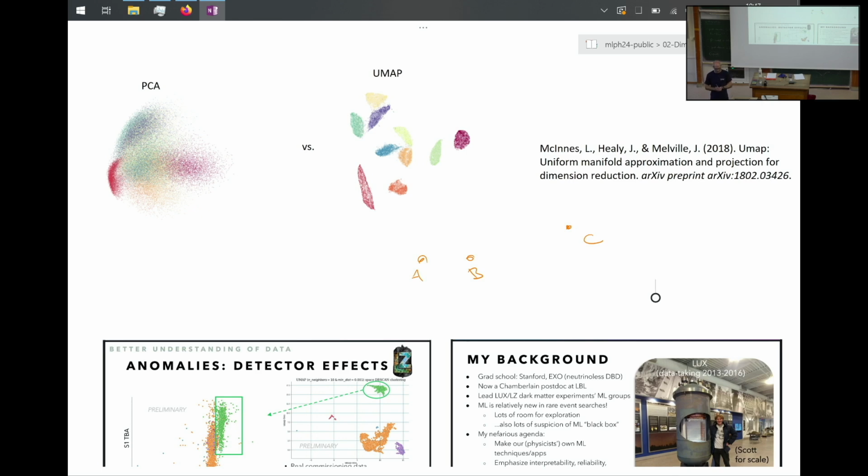That gives you a graph. Each point has an edge to its 10 symmetric nearest neighbors.